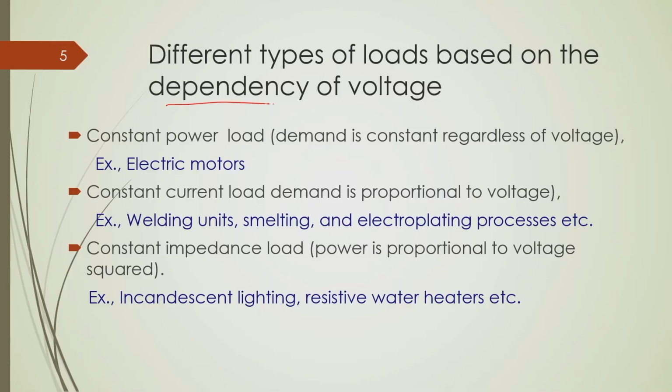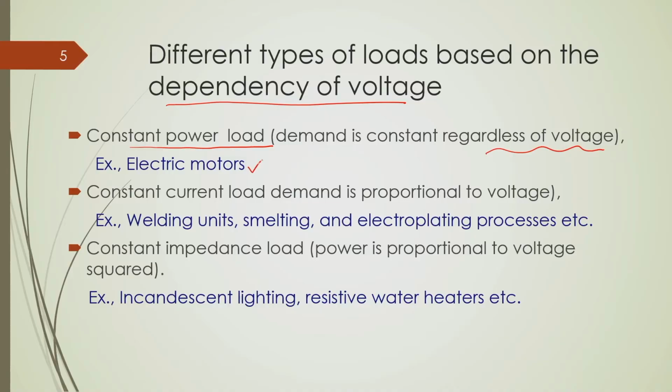Okay. So, based upon this dependency of the voltage, we can categorize the loads into different types. There are certain loads which consume constant power irrespective of the supply voltage. An example is the electrical motor.